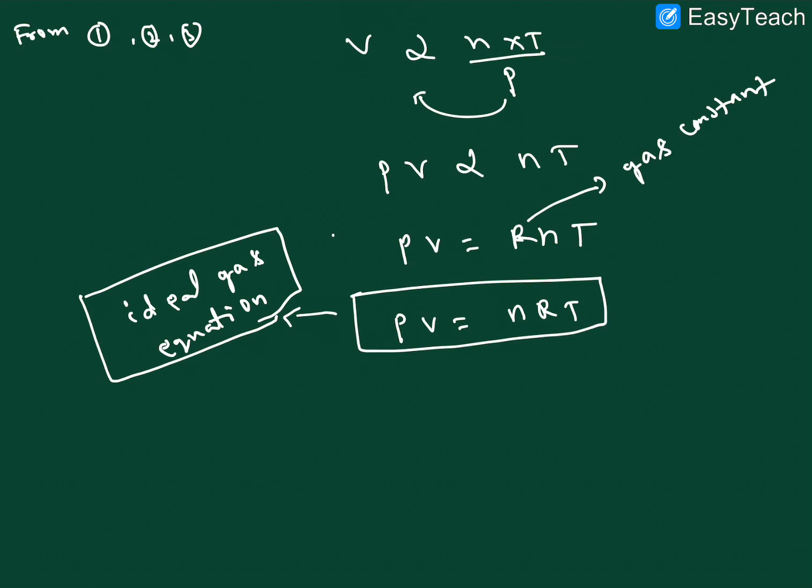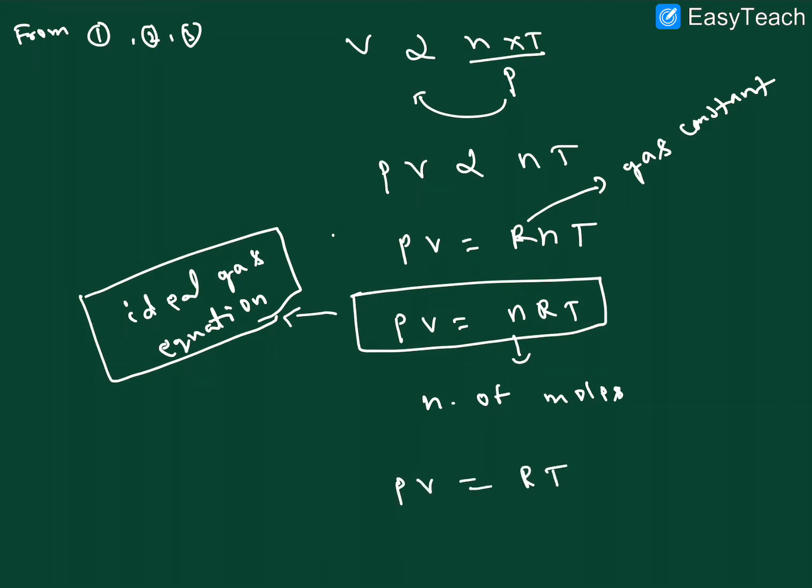So we substitute that: PV is equal to weight of the substance by gram molecular weight into RT. Taking V to the other side, P is equal to weight by gram molecular weight into RT by V.